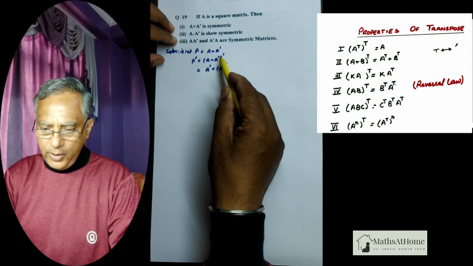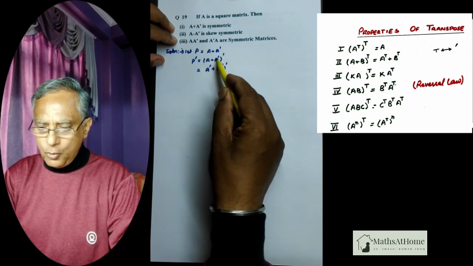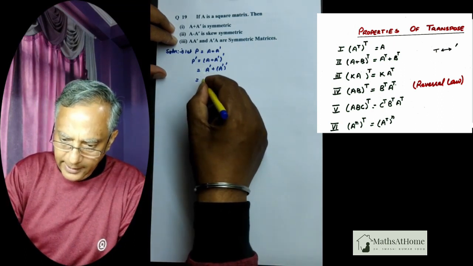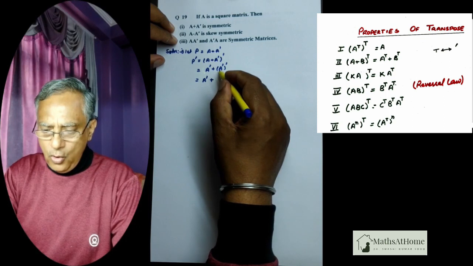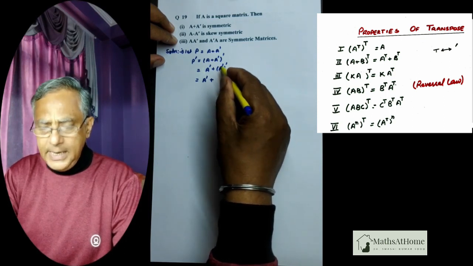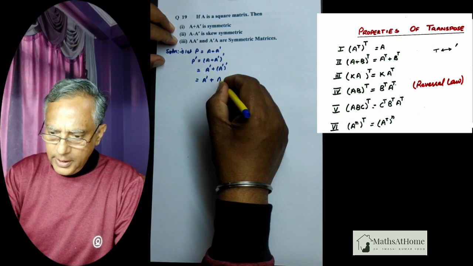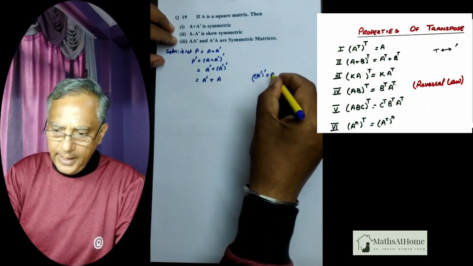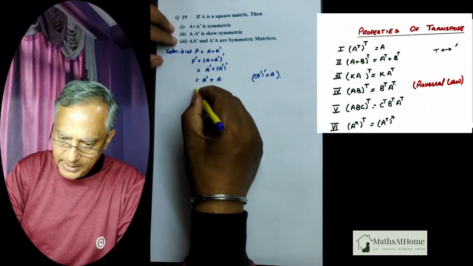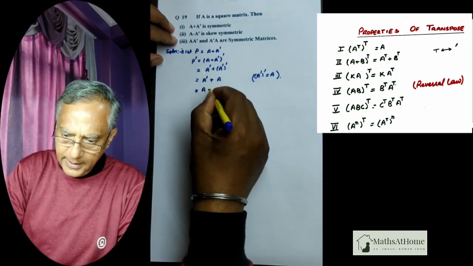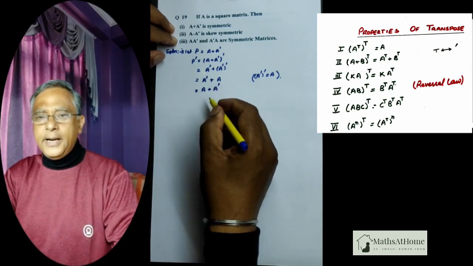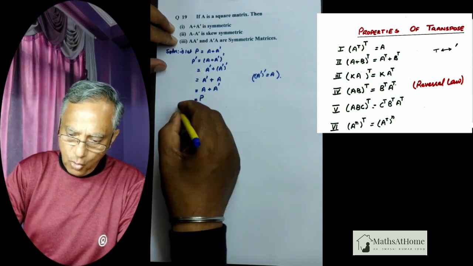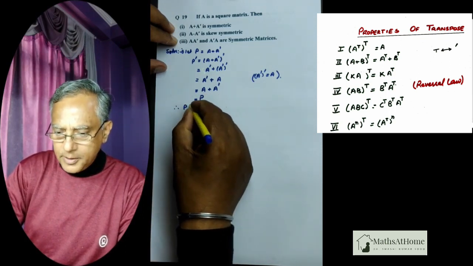So this must be equal to A transpose plus A transpose transpose. And we know transpose of A transpose is A. We know A dash dash is equal to A. So this is equal to A plus A dash, because matrix addition is commutative. So this must be equal to P, and therefore P is symmetric.